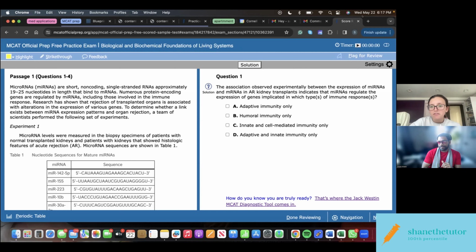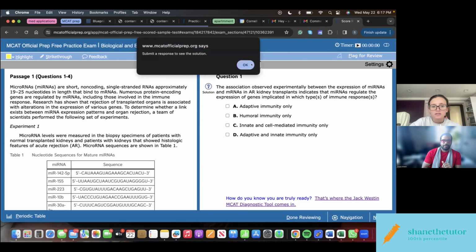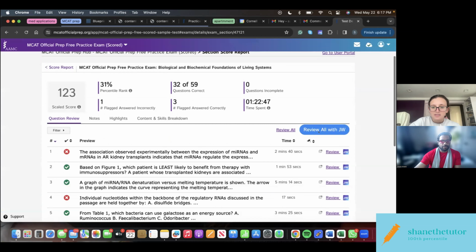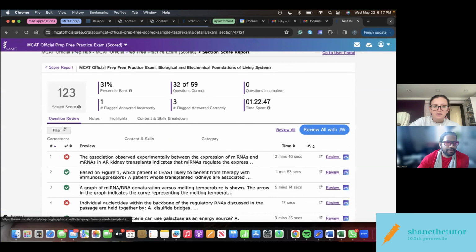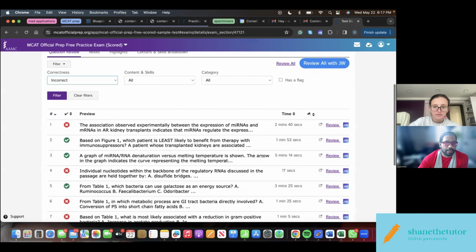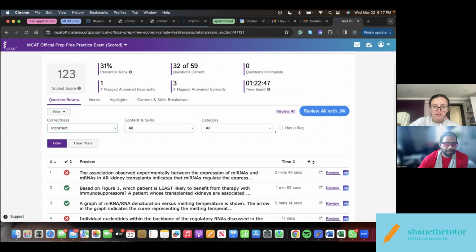I know I flagged ones that I was confused about. Oh, how do you...? What you can do is, in the filter on the left, filter by incorrect and hit the purple filter button.